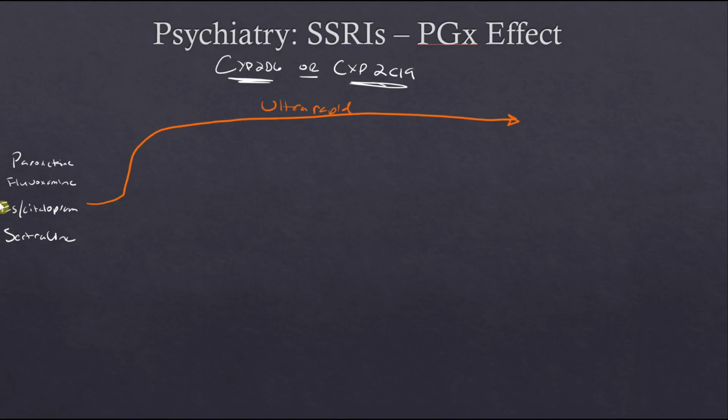So the first metabolizer type we can have is ultra-rapid. And with ultra-rapid, we have some differing effects on the drugs depending on the drug we're talking about. So let's see what that is. For paroxetine, S-citalopram, and citalopram, and sertraline, with ultra-rapid metabolizers, you're going to have decreased therapeutic levels and an increased risk of failure.